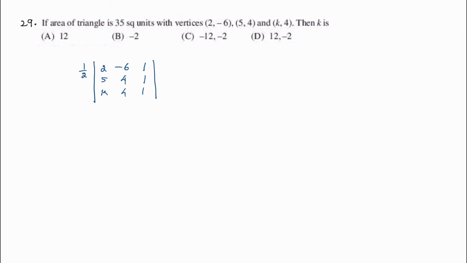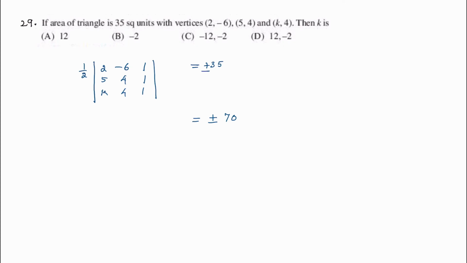And this area formula has an absolute value sign. If we write the absolute value sign, it is 35. Now to remove the absolute value sign, I have to write plus or minus. So whenever area is given in these questions, write plus or minus 35 because this formula doesn't have absolute value sign. Now we will take 2 to the other side. 35 times 2 becomes 70.